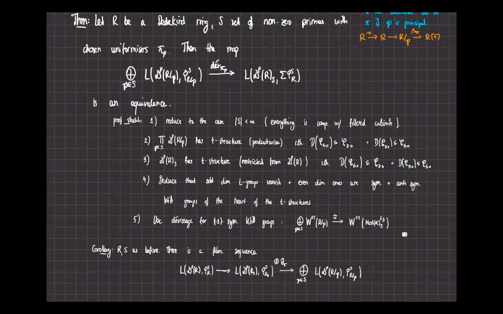But as a corollary, what you obtain is that if you have a ring R and a set of primes S as before, then you will obtain a fiber sequence sending the symmetric L theory of the ring R to the symmetric L theory of this localization RS. And then you take the sum over all these, there's going to be a sum over some boundary map, which again depends on pi. And it lands into the direct sum over all L theory terms of the residue fields.